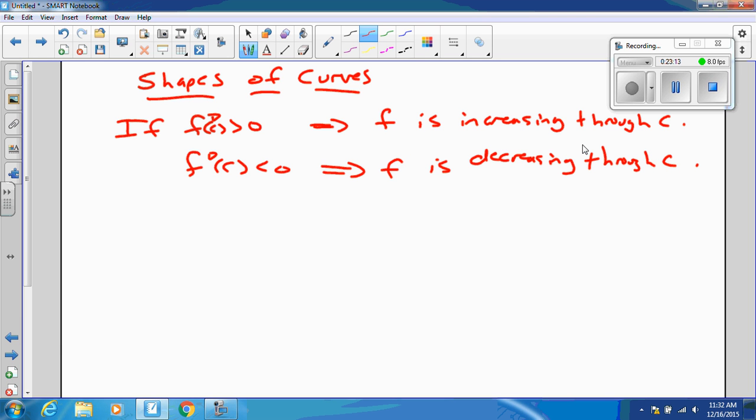Okay. And that means that if f of c is a local max or min, what has to be true about x equals c?